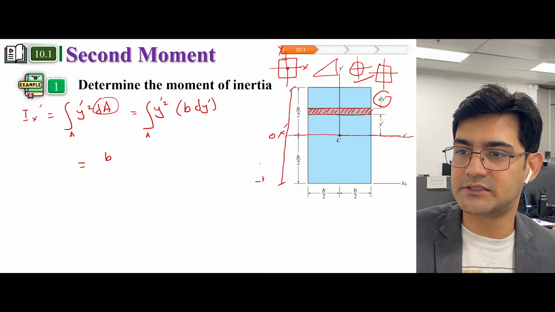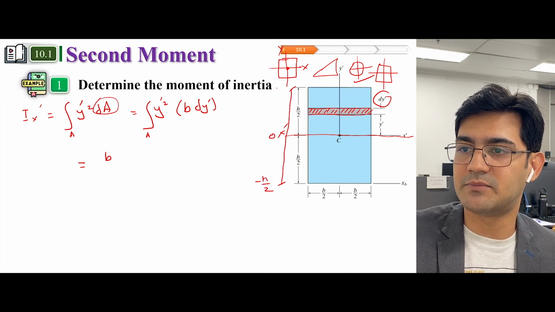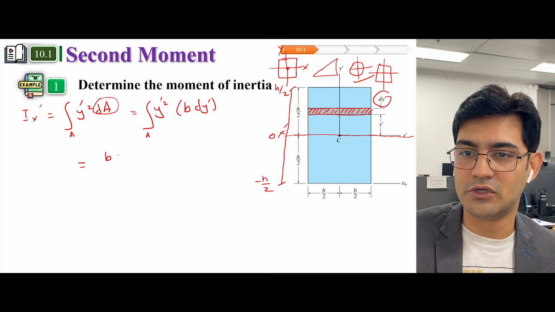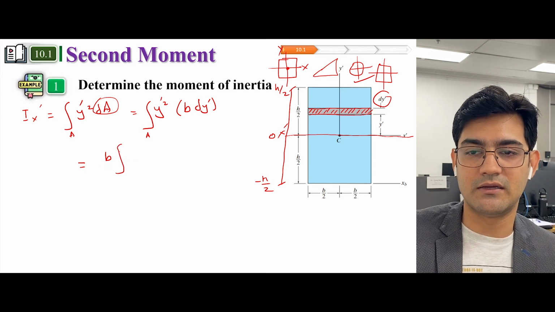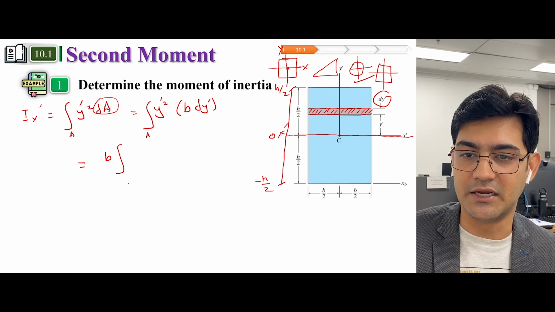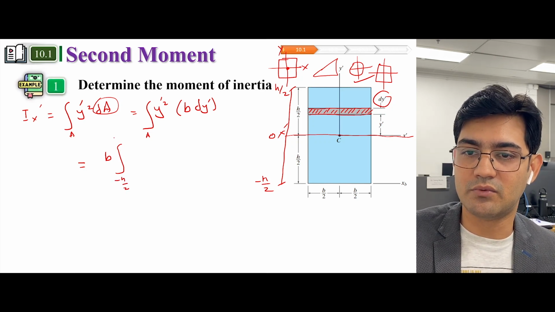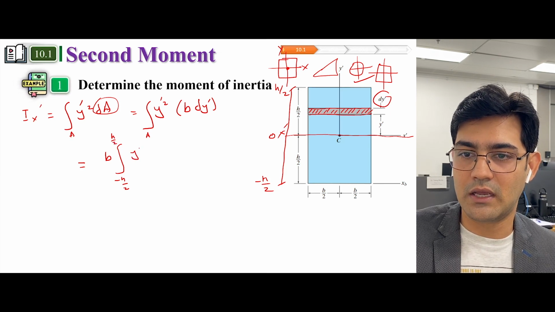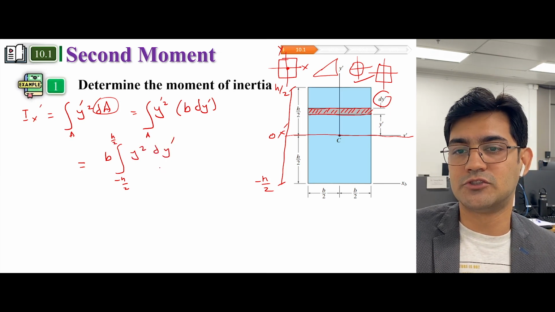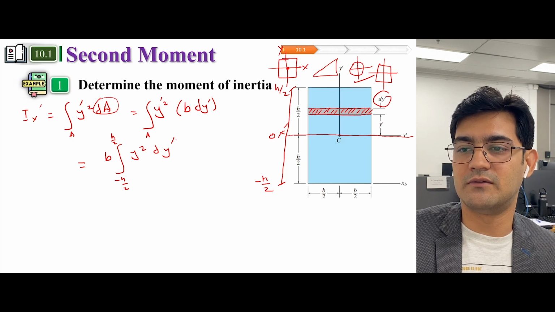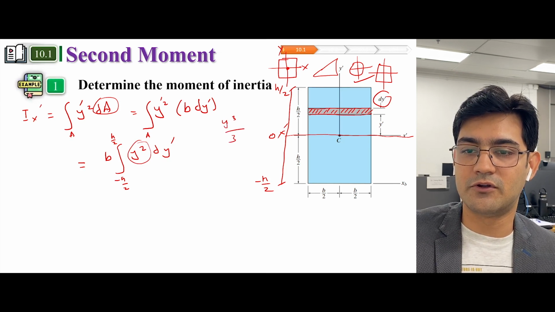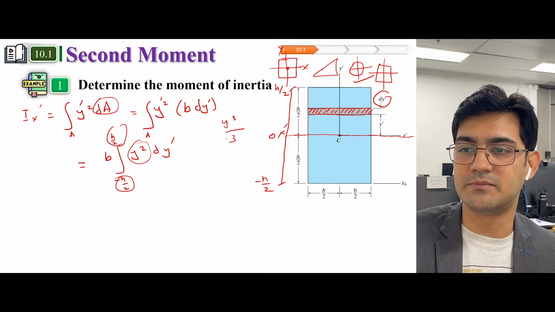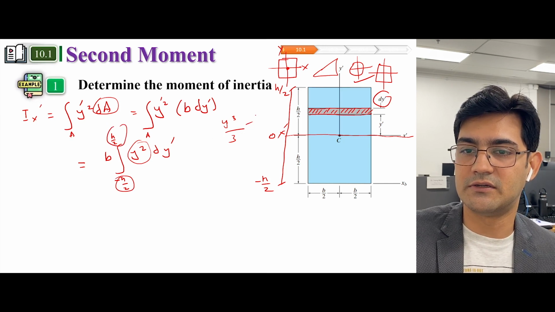If the center is considered 0, it goes from minus h by 2 to h by 2. b is a constant, so I can take it outside the integral. So it would be b times the integral from minus h by 2 to h by 2 of y squared dy. If you take the integral, you get y cubed by 3, evaluated from minus h by 2 to h by 2.